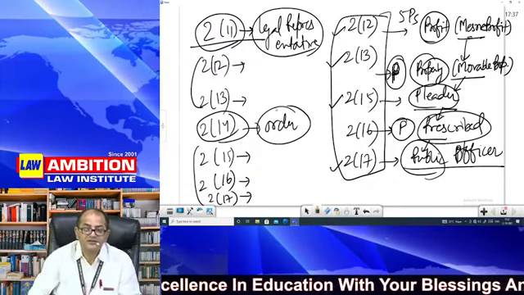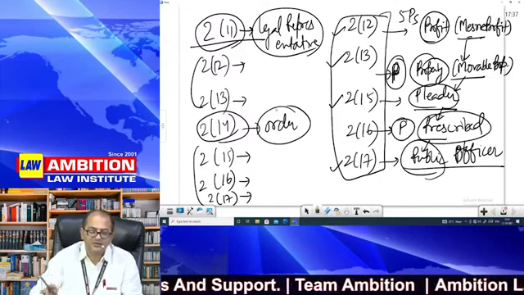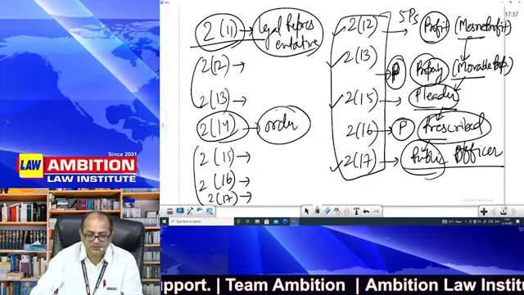Orders are of various kinds. There can be daily orders in CrPC, that is Jiminy orders. So there may be many Jiminy orders, day-to-day proceedings orders.